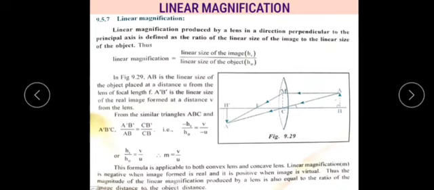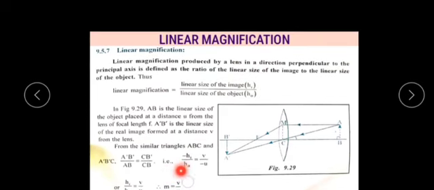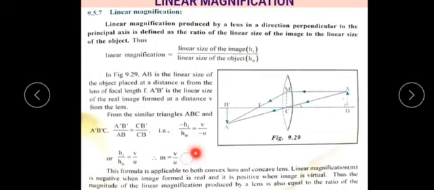In such a condition, this equation is positive. Thus the magnitude of the linear magnification produced by the lens is also equal to the ratio of the image distance to the object distance. See here, hi divided by ho can be taken as v divided by u, like this. You can take it like this also.